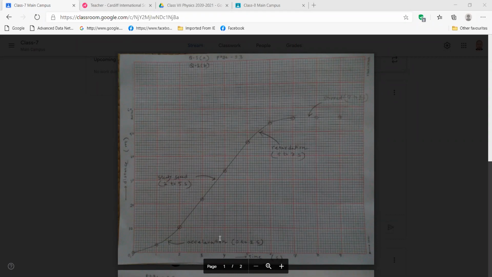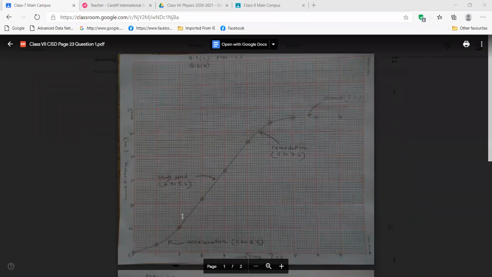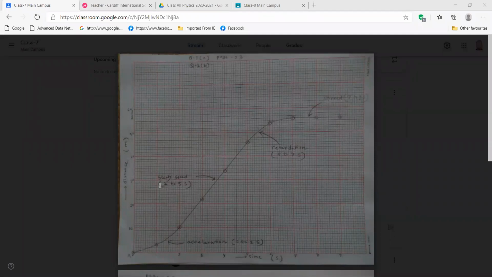Sir, you show a steady speed with an arrow. I didn't understand that one. Okay. Steady speed means speed is same. Look, I gave here in bracket. Here in bracket, what is written, Saleha? 2 to 5 seconds. Yes, very good.